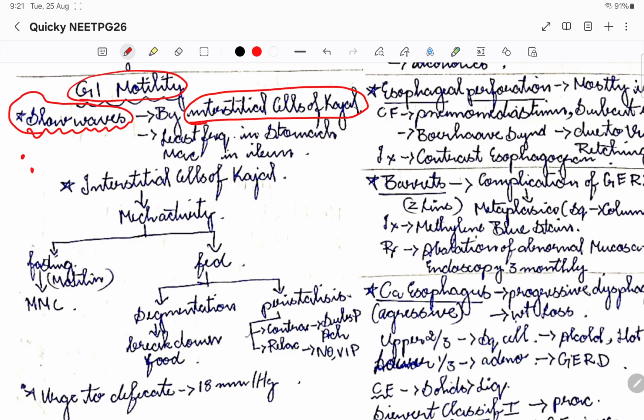The least frequency is seen in the stomach, whereas the maximum frequency is in the ileum. The stomach has to store for a while while digestion goes on, whereas the ileum is all about absorption and has to push the bolus onward, so the ileum has the maximum frequency of peristalsis.